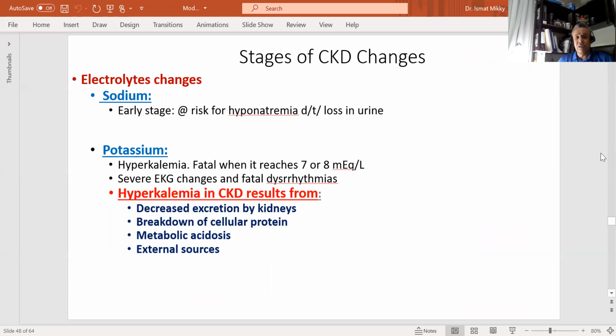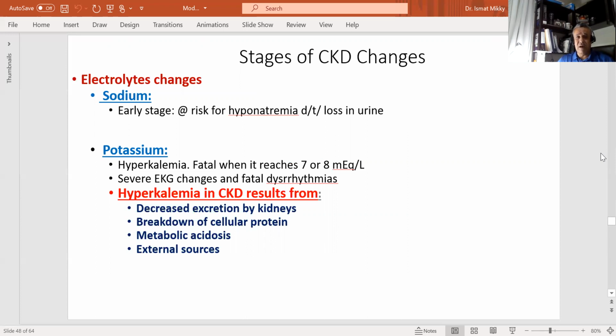For example, with sodium, at an early stage there is a risk of hyponatremia due to the loss of urine, but at a later stage there will be decreased urine production, which would result in hypernatremia. That will lead to severe fluid and electrolyte imbalance, like sodium retention, hypertension, increased blood pressure, edema, and heart failure.